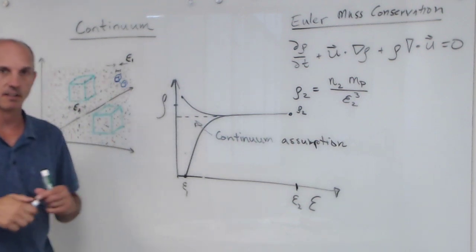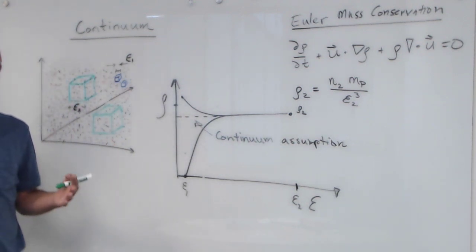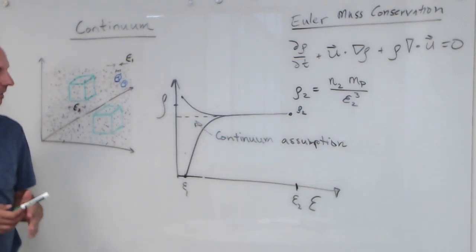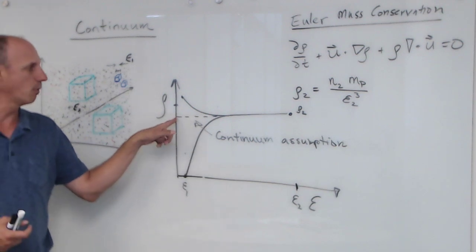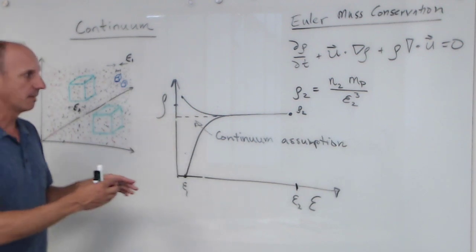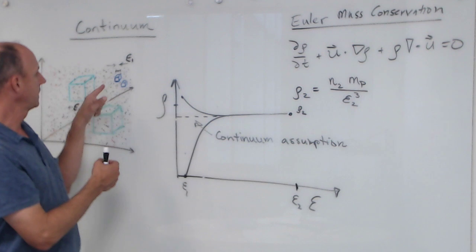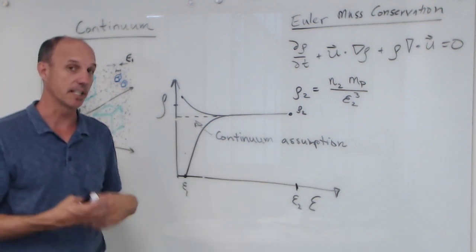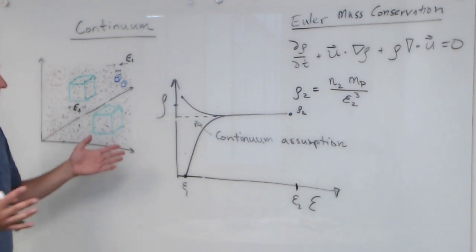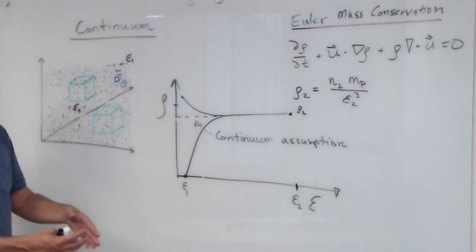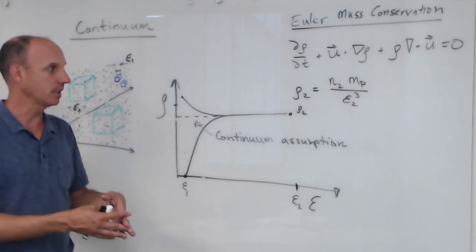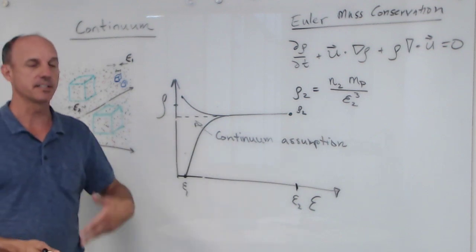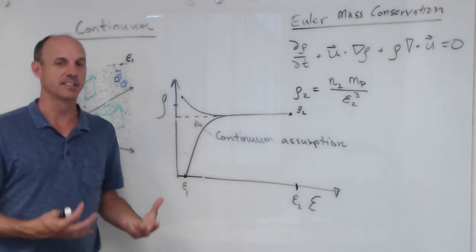This is the idea that properties of our system, which we're going to model mathematically, exist at a point in space, even though as we move to a single point in space, those properties actually break down. So that's the continuum idea, is that we can go down to a point, and when we're at the scale of a point, fluid properties like velocity, density, and so on still exist.